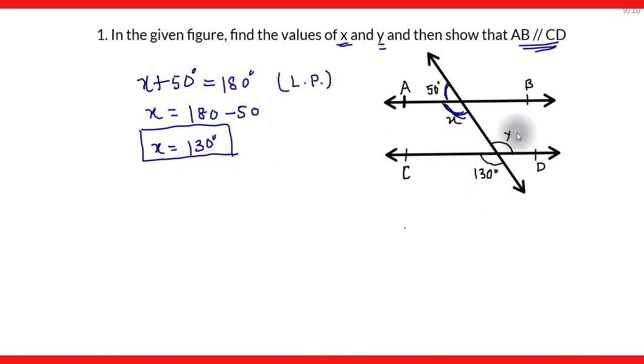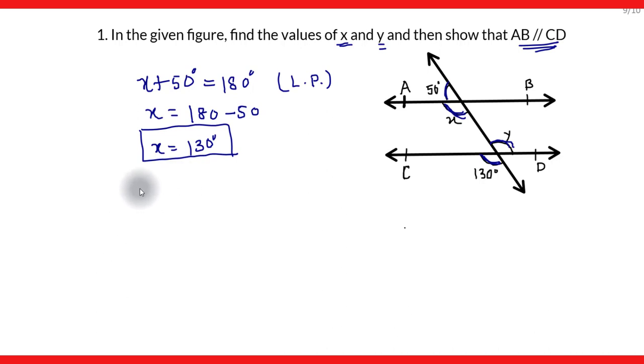But here if you look at the figure, this angle y and this angle of measure 130 degrees, what can you say about these two angles? Can anyone tell me? Yes, it is correct that y is equal to 130 degrees because both are vertically opposite angles, and vertically opposite angles are equal.